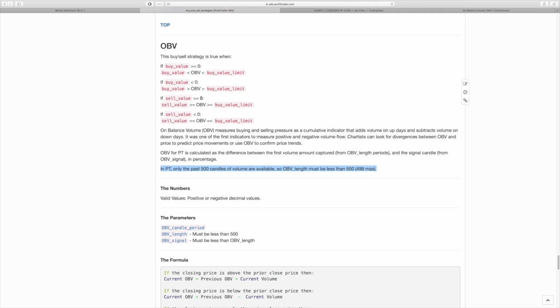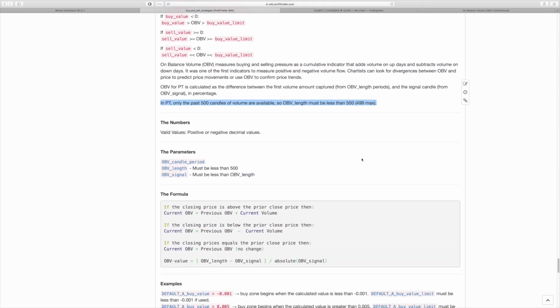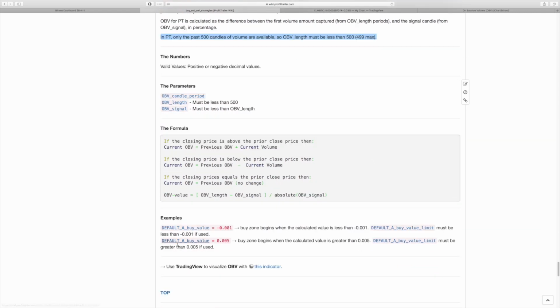So it's got to be more positive then, is what it's saying here. So if the default A buy value is negative 0.001, then it's looking above that, closer to 0. It's a little different. And then the default A buy value limit must be less than negative 0.001 if used.